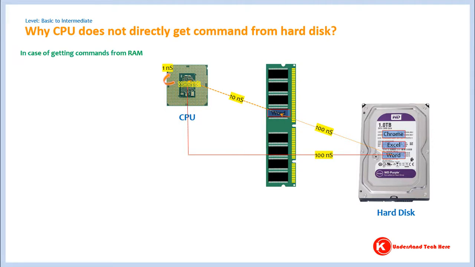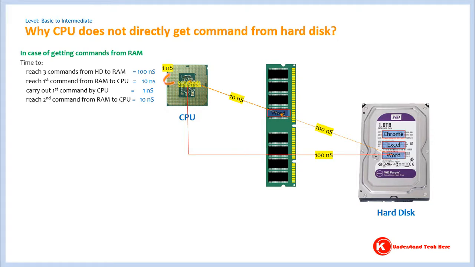So in case of getting commands from RAM, time to reach 3 commands from hard disks to RAM, 100 nanoseconds. Time to reach the first command from RAM to CPU, 10 nanoseconds. Time to carry out the first command by CPU, 1 nanosecond. Time to reach the second command from RAM to CPU, 10 nanoseconds.